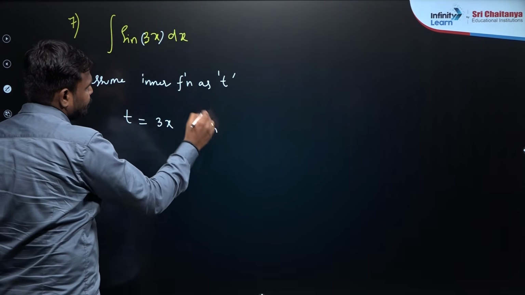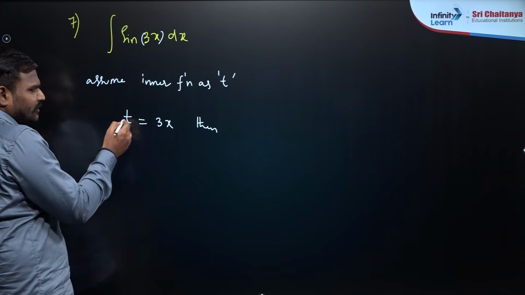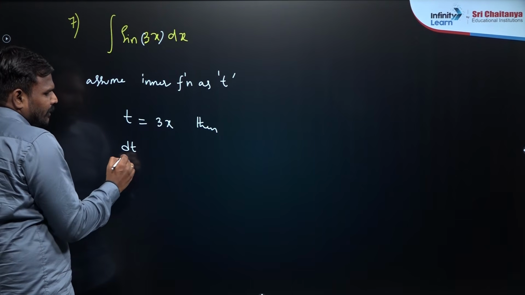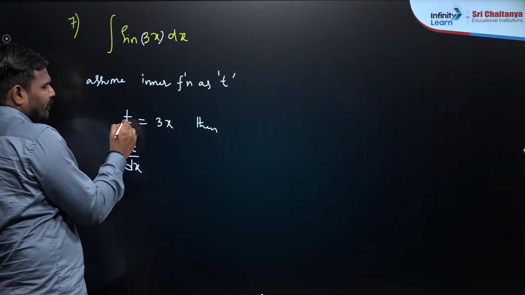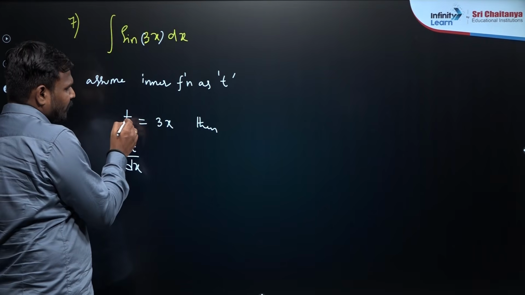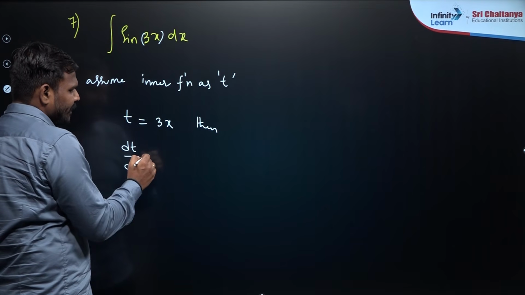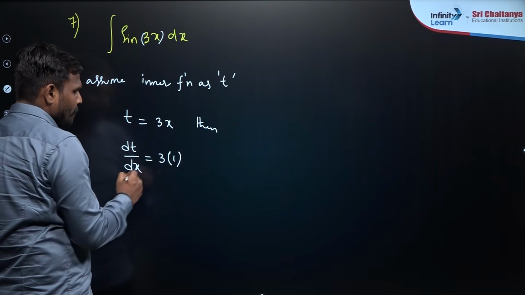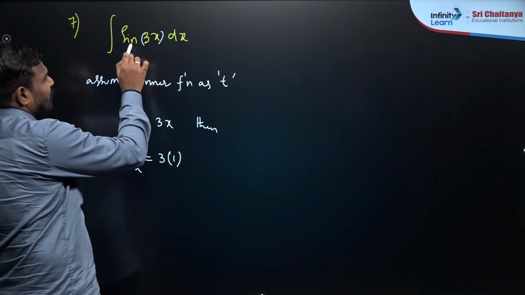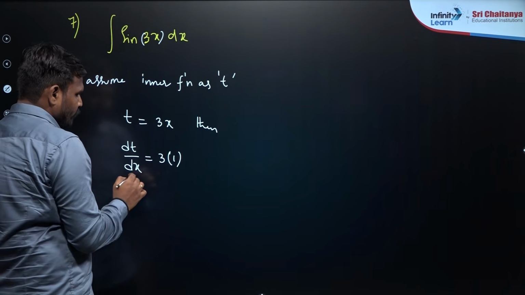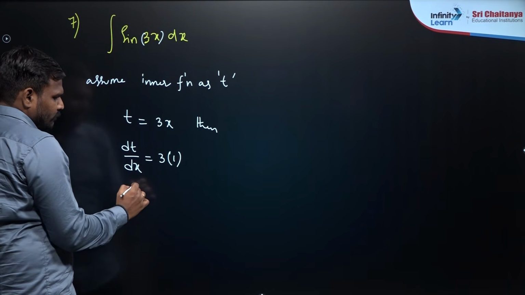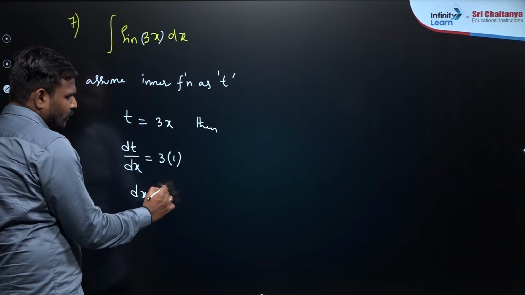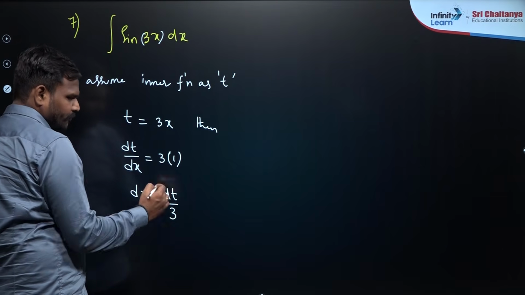Then differentiate this. dt by dx. Independent variable is x, dependent variable is t. So dt by dx is differentiation: 3 outside, derivative of x is 1. Cross multiply, because we have to eliminate x also. So dx is equal to dt by 3.